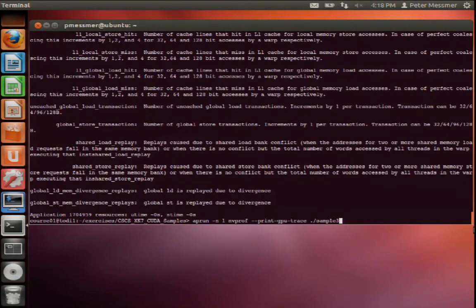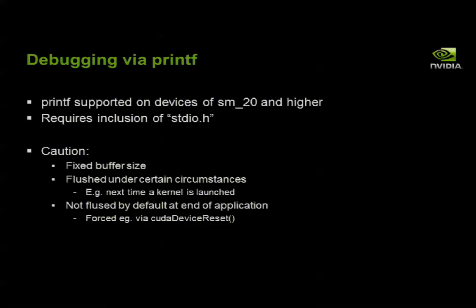The thing is that the buffer is only flushed every so often. Basically, if you have a kernel that uses printf within the kernel, this output is going to sit on the device until you launch the next kernel, or until you have some synchronization calls.